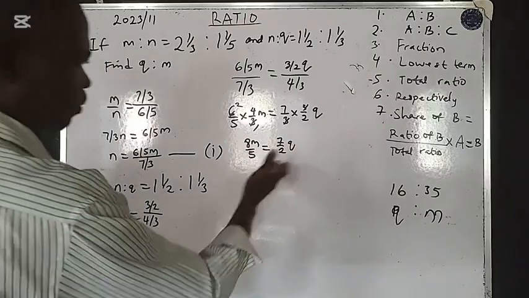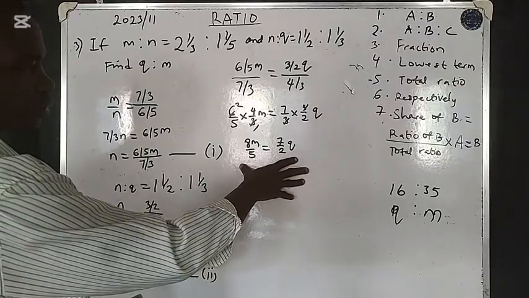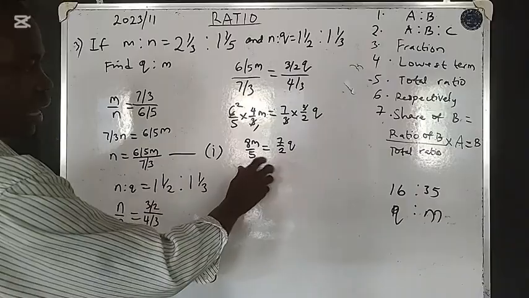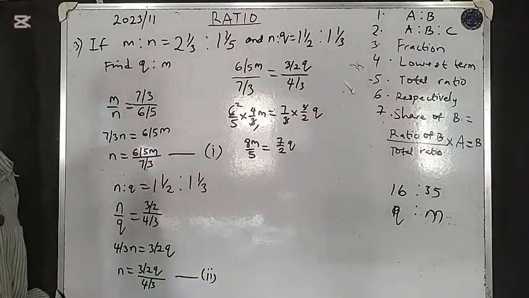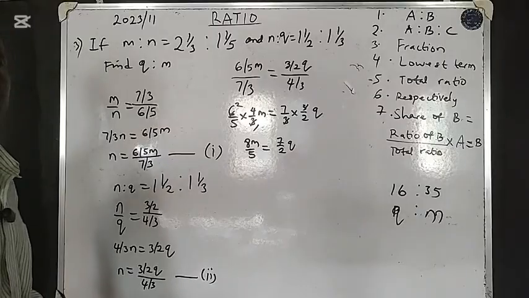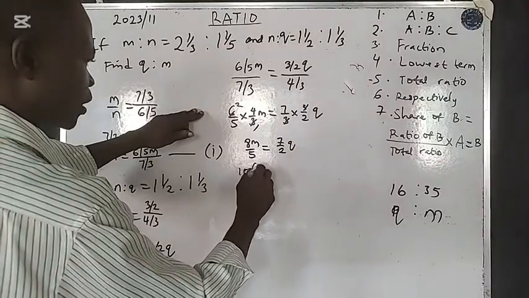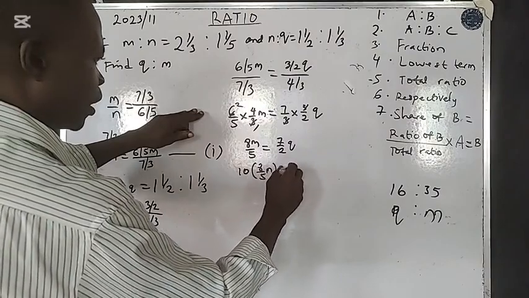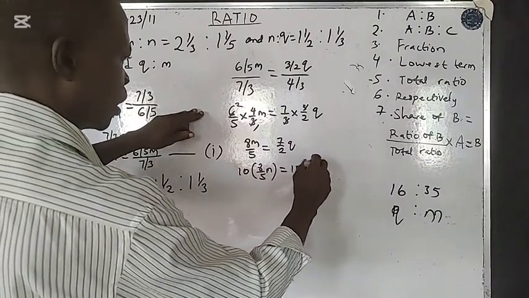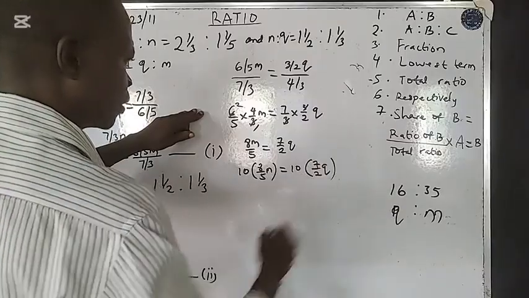Can we clear this fraction? 5 is here, 2 is here, right? The LCM of 5 and 2 is what? 10. Let's multiply both sides by 10 to clear the fraction, right? This one multiplied by 10, then 10 multiplied by this. That is how to clear fraction, right?